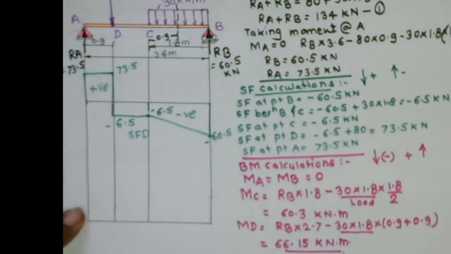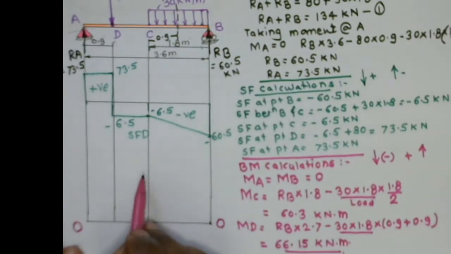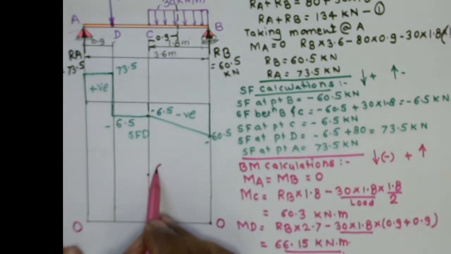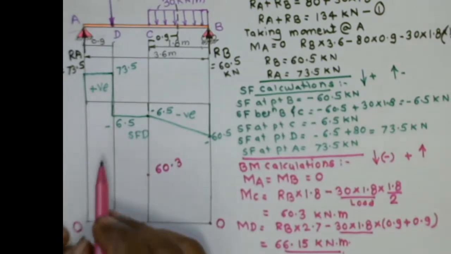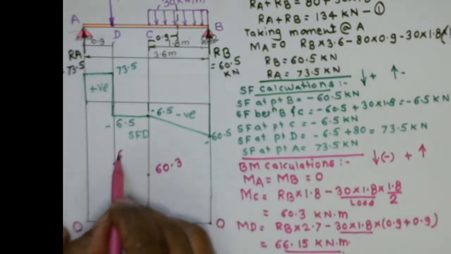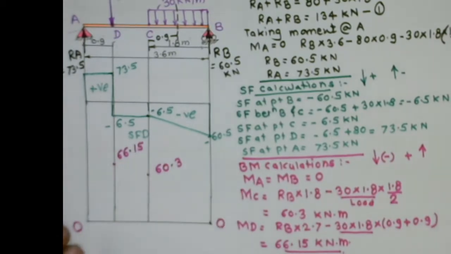In this case both values are positive, so we have to mark here: bending moment at point B is 0, bending moment at point A is also 0, bending moment at point C is 60.3 kilonewton meter, and at point D it is 66.15 kilonewton meter.